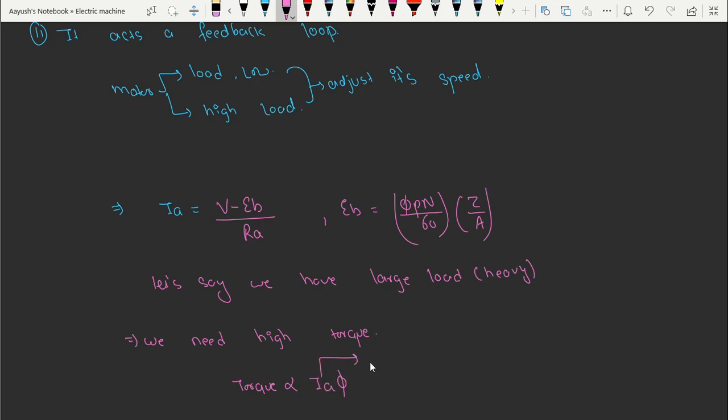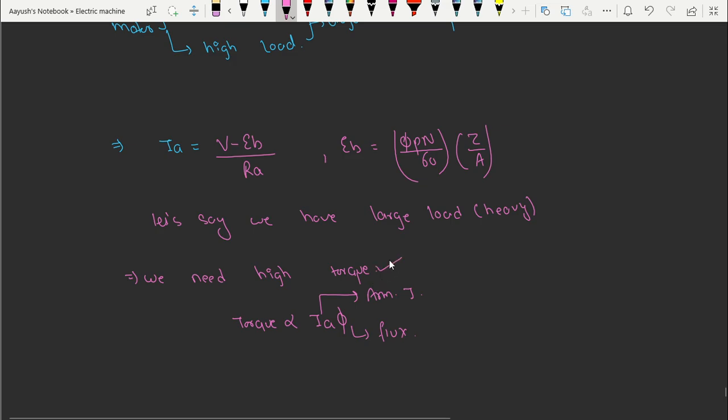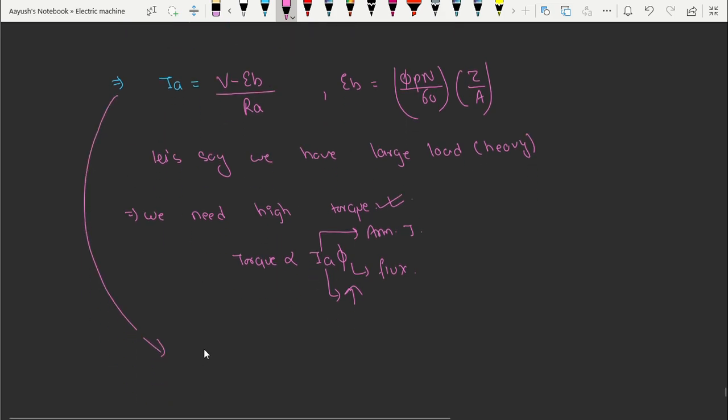And what is this? This is the armature current, and this is the flux. So now we need high torque, so we need high current, and from this equation we can see that to get high current, how can we achieve it? By decreasing the back EMF. So by decreasing back EMF, in this way it acts as a feedback loop.